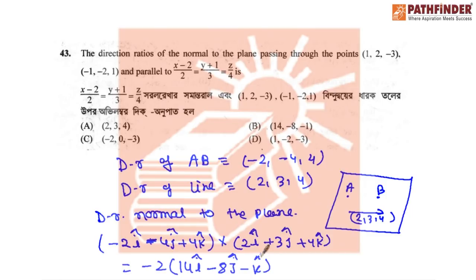So we have got the direction ratio 14, minus 8, minus 1, which is given in option B.